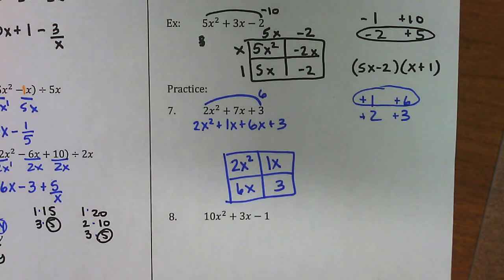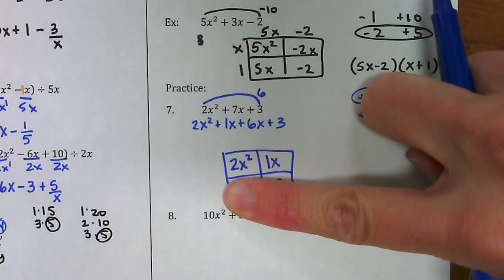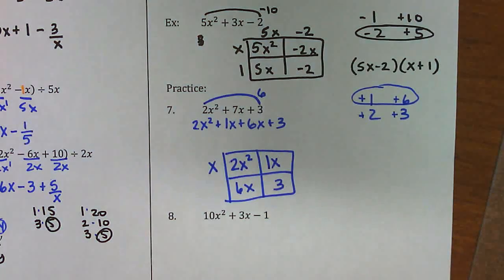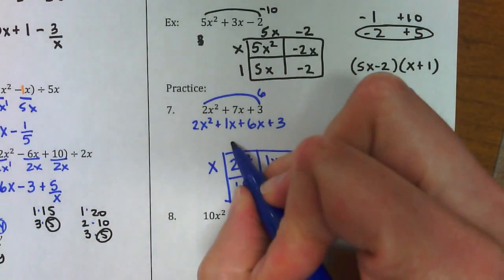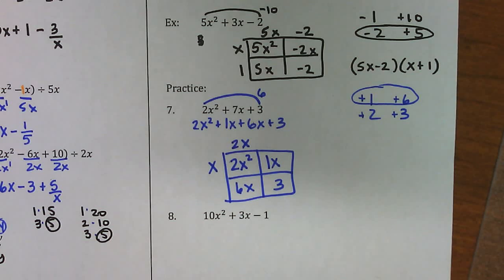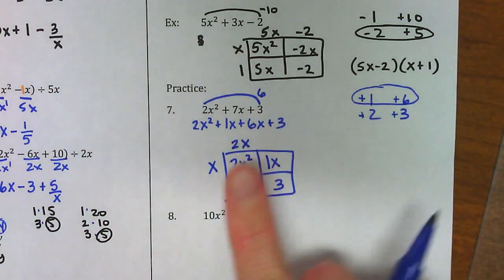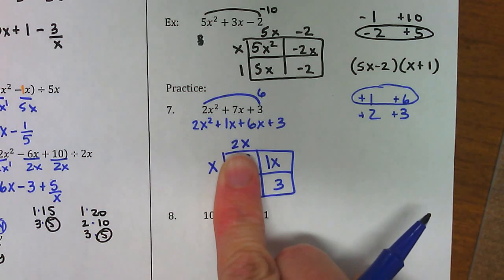Now we do GCFs. So if I look at my first row, what's the GCF for that first row? All they have in common is an x. If I do my GCF for the first column, they have a 2 and an x in common. If I do my GCF for my second column, the only thing they have in common is a 1.